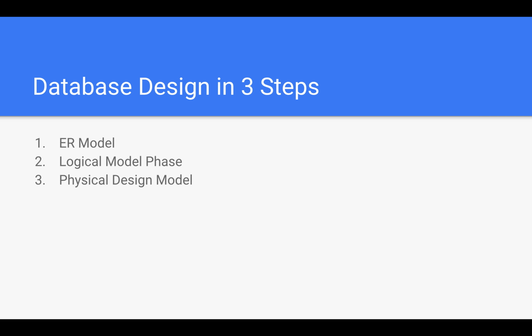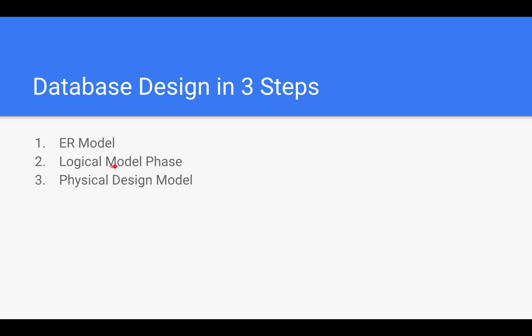In the book, it mentioned three steps to design a database. The first is to convert all the related information into a higher level conceptual data model, and the ER model is one of the popular conceptual design tools.